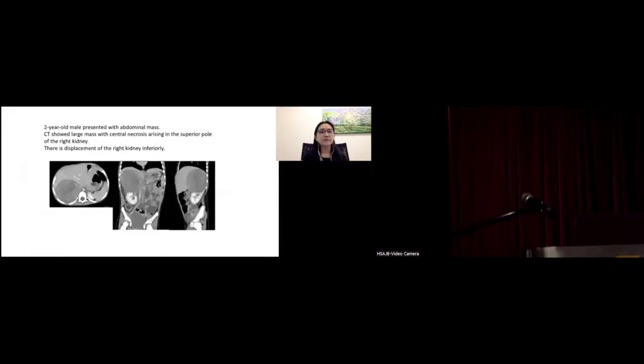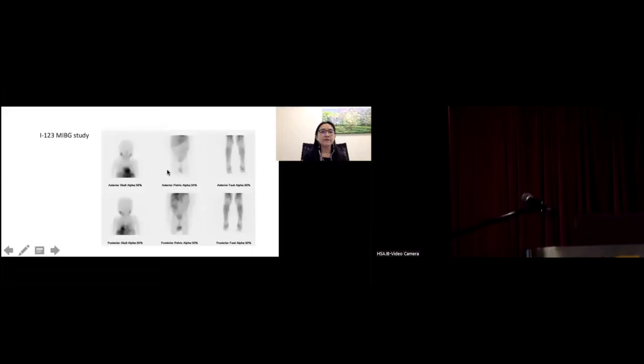Another case, a 2-year-old boy presented with a large abdominal mass with central necrosis arising in the superior pole of the right kidney. There is displacement of the right kidney inferiorly. So MIBG studies did not really show any obvious abnormalities.